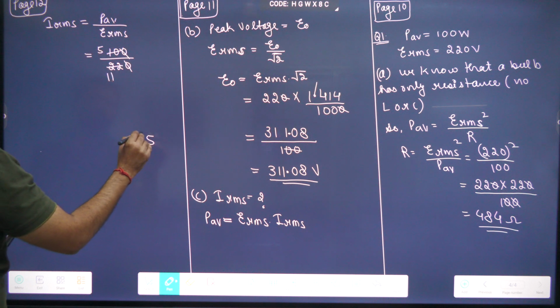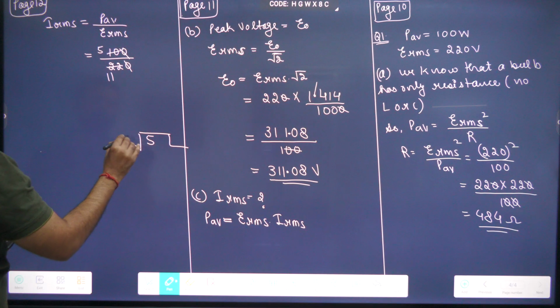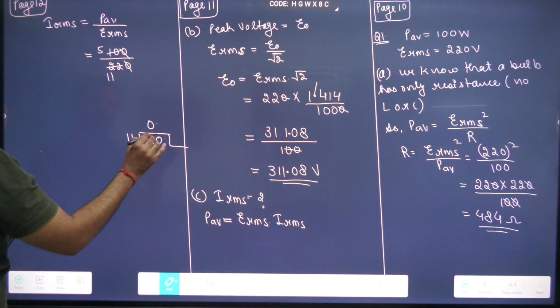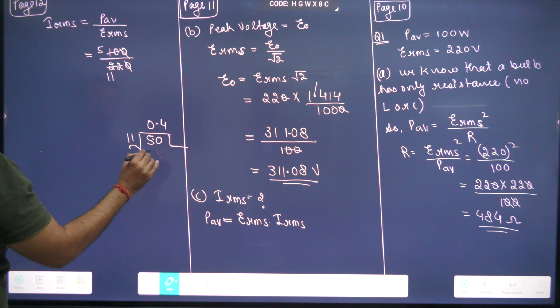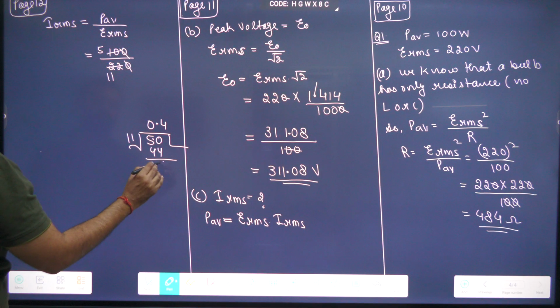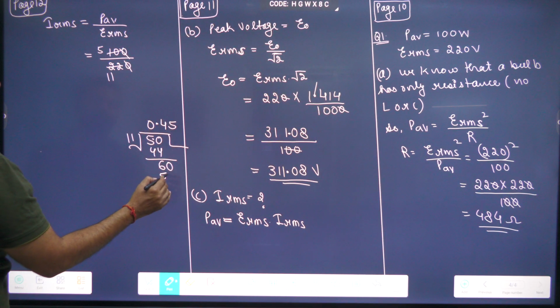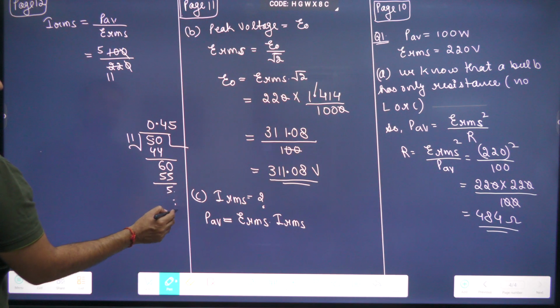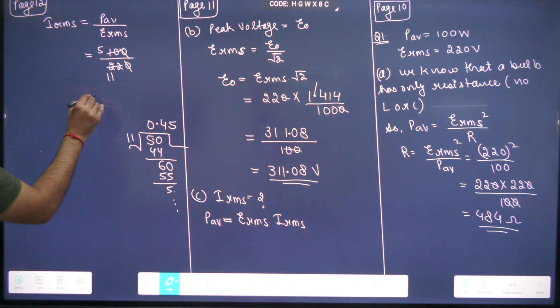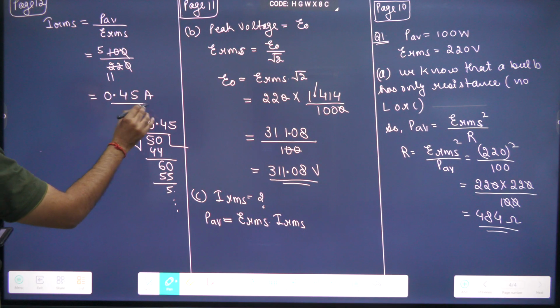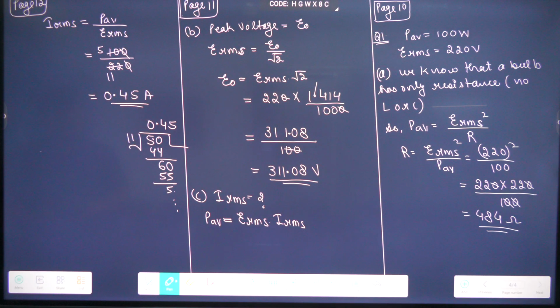So if I divide 5 by 11, 11 zeros are 0, 50 after decimal, 11 fours are 44, 50 minus 44 is 6, 60, 11 fives are 55, it will go on, 0.45 ampere. This is RMS value of current.